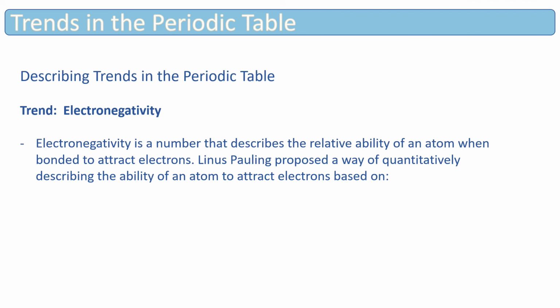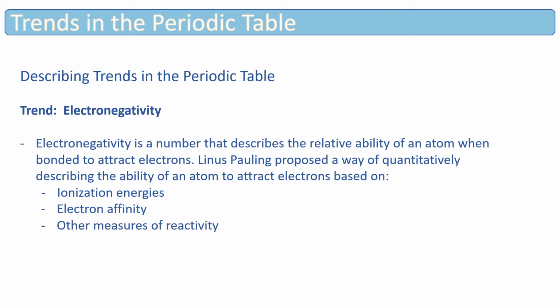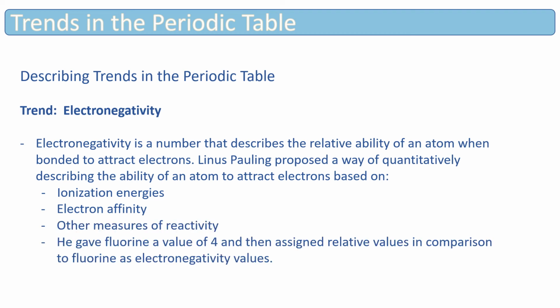Electronegativity. Electronegativity is a number that describes the relative ability of an atom when bonded to attract electrons. Linus Pauling proposed a way of quantitatively describing the ability of an atom to attract electrons based on ionization energies, electron affinity, and other measures of reactivity.